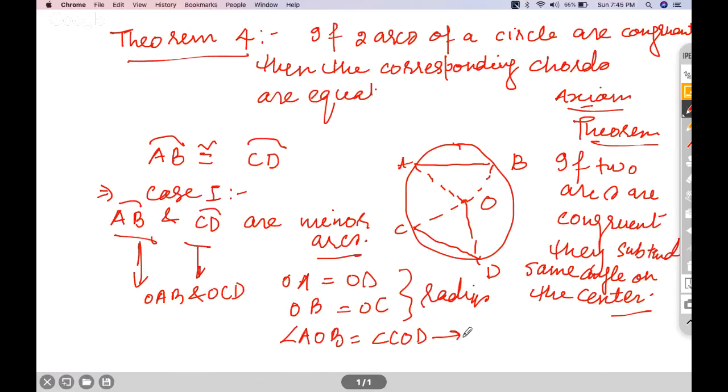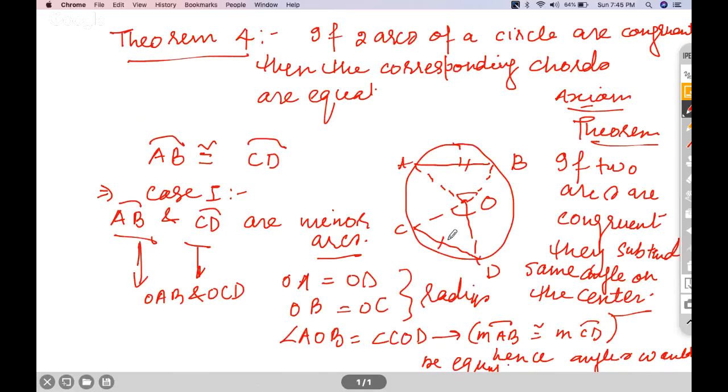And here in description, I'll write that minor arc AB is congruent to minor arc CD, and hence angles would be equal. So now you have shown that these angles are equal, so sides opposite to equal angles would be equal. Then you can write AB is equal to CD.